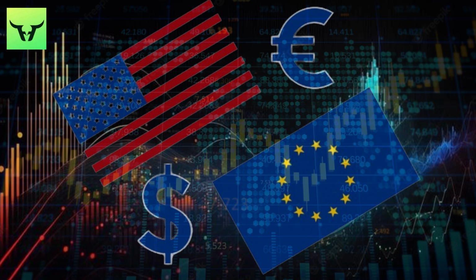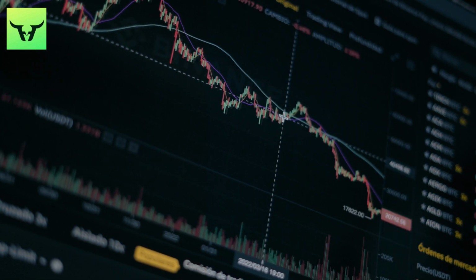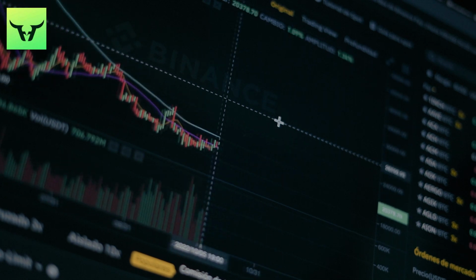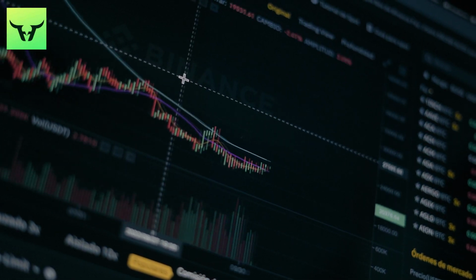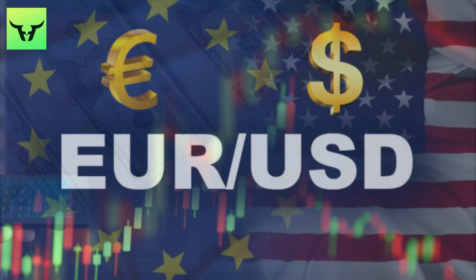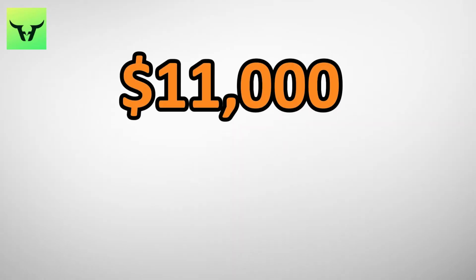For example, with EUR USD currently trading at 1.10000, formerly 1.15000, we may calculate the required margin needed to keep the position open. Because our trading account uses USD, we must convert the EUR value to USD to get the trade's notional value. Now, let us discuss the notional value, which is $11,000.